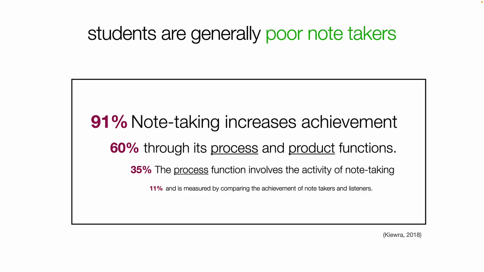Finally, a subordinate detail to support that idea, that the process function is measured by comparing the achievement of note takers and listeners, is not too likely to appear in the typical student's notes. So, this helps to illustrate how incomplete students' notes can be.